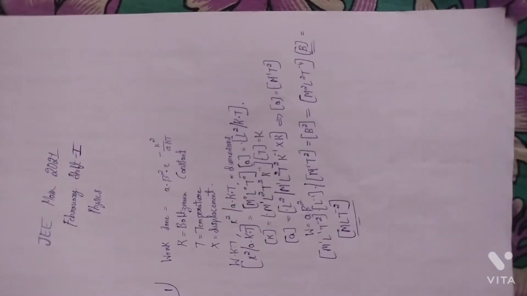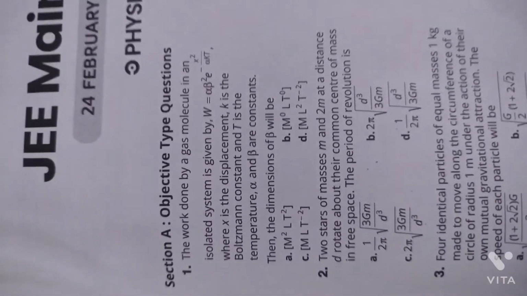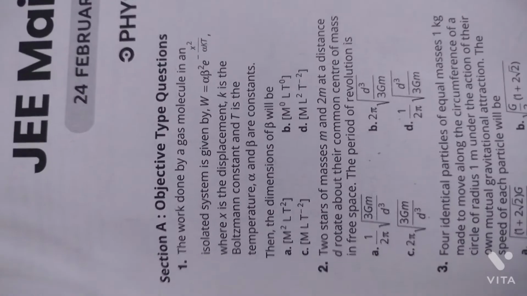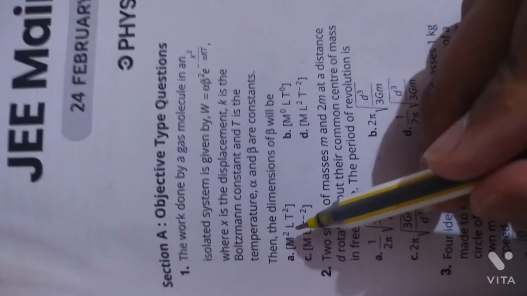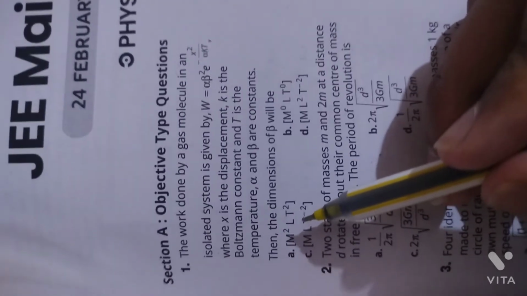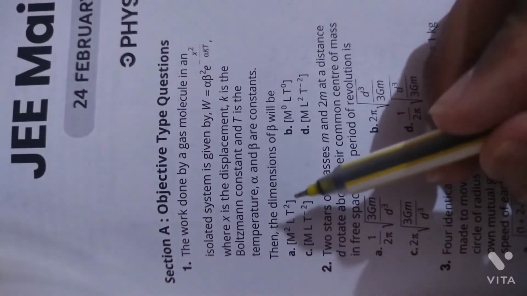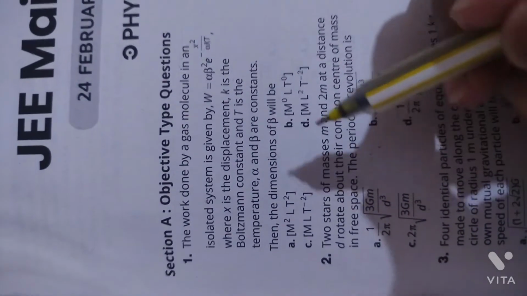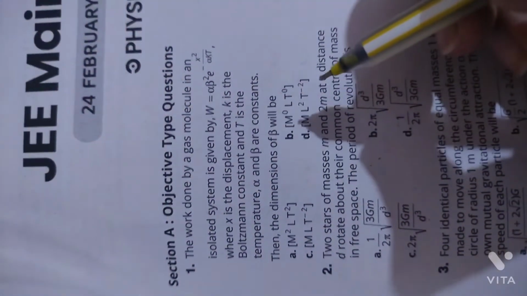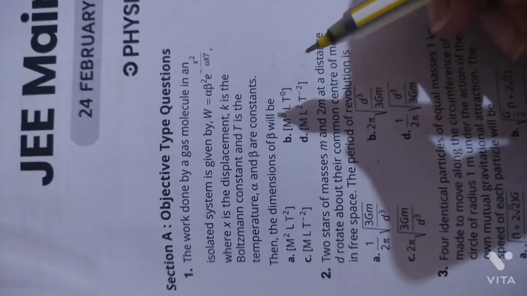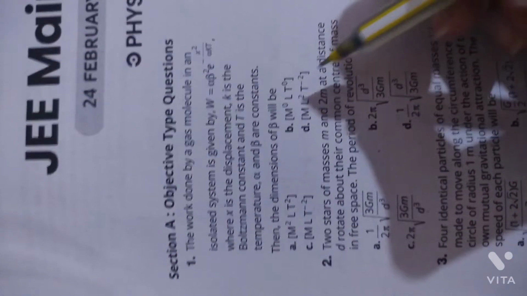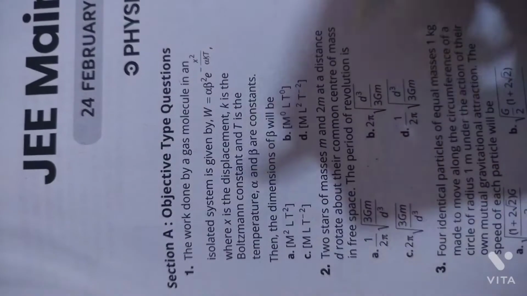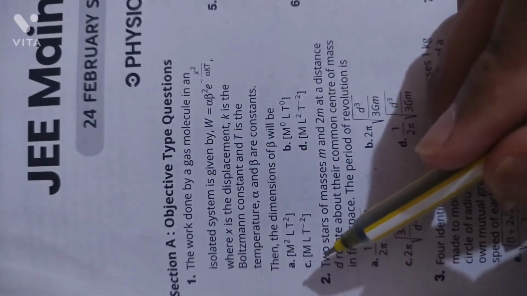Now let us come to the options. The first option they have given is M square L T square, but the option we got is M L T minus 2, so this is not it. M naught L T naught is also not the option, so this one is also cancelled.